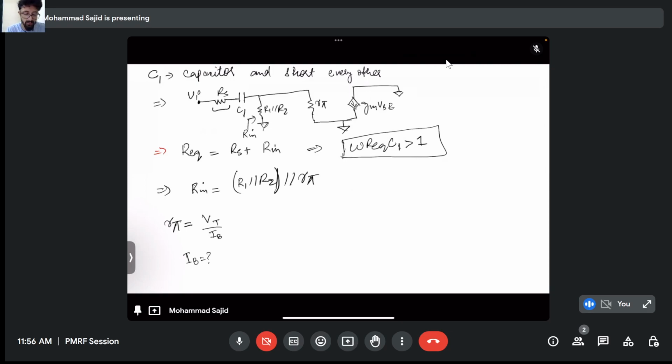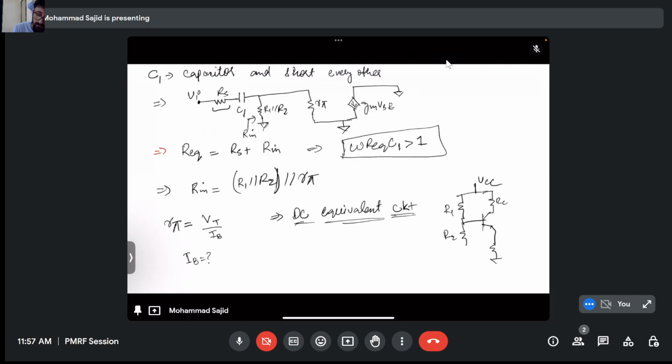Let's draw the DC equivalent circuit. That will be a voltage divider. Right?